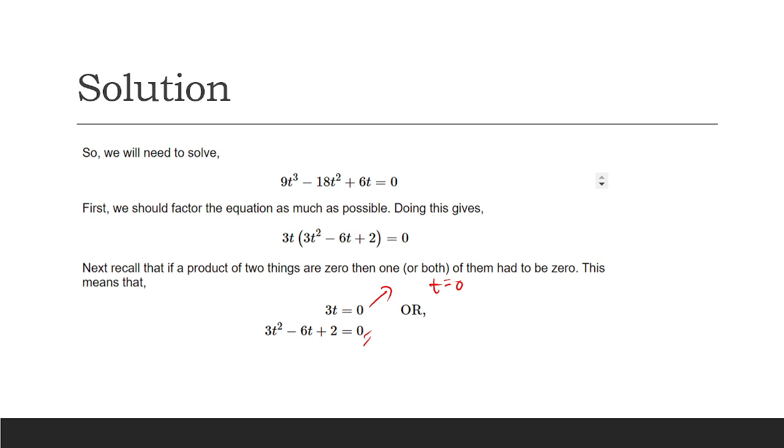Now, for this one, kailangan natin mag-effort. Because still, itong polynomial natin na to, naka-raise siya sa 2. So, from this expression, dalawang value ng t yung makukuha natin. Now, ano yung gagamitin natin to solve this one? Algebra pa din. Since this is a quadratic equation, we can use the quadratic formula.